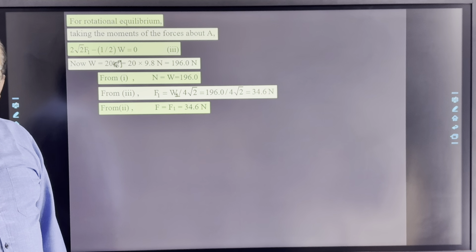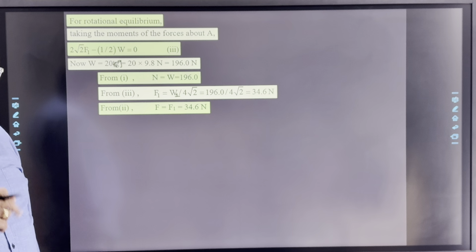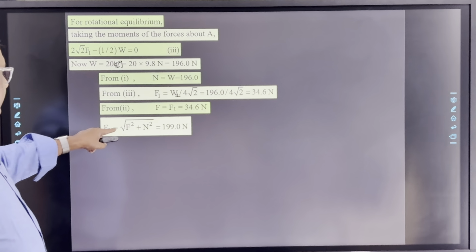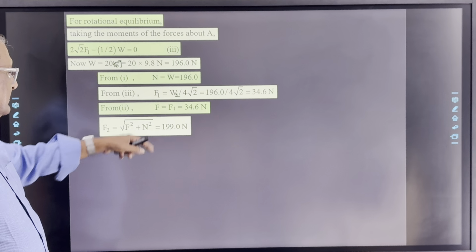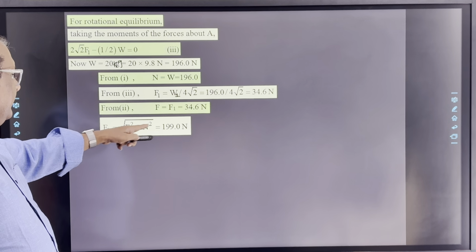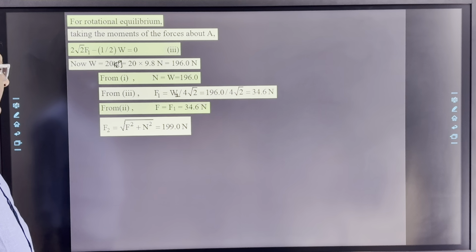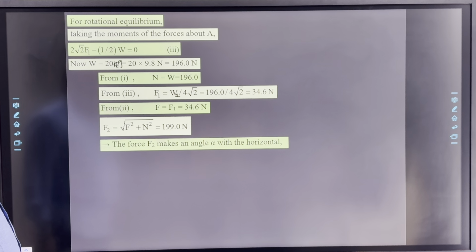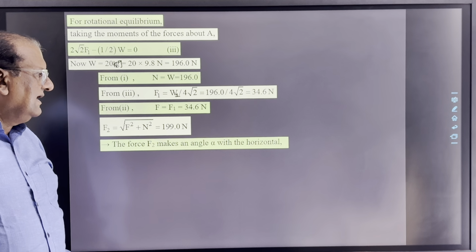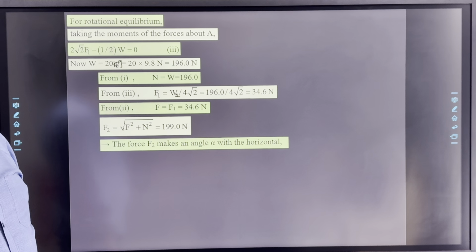F2 has two components, N and friction F, and these two components are perpendicular to each other. So we can write F2 equal to under root F square plus N square, and if we substitute the value of F and N and solve it, we get 199 Newton. So the force F2 makes an angle alpha with the horizontal, suppose.